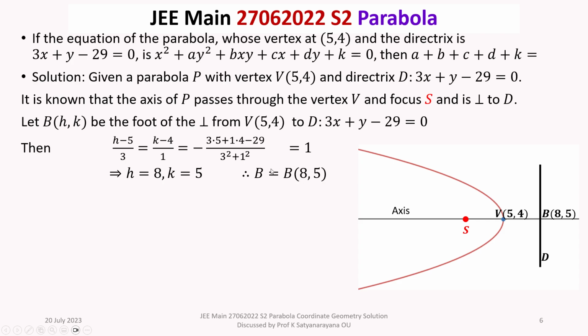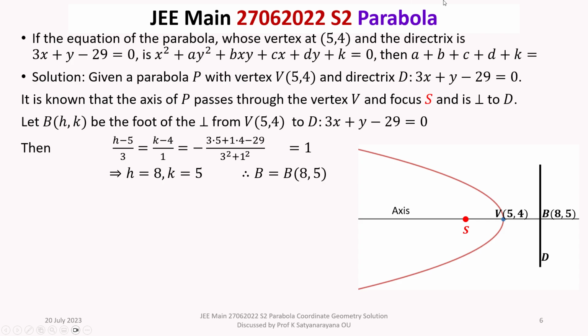Now with this much information, you have to find the equation of this parabola in this form and find out the values of a, b, c, d, k and sum them up, then you will get your answer. So our concern is to obtain the equation of the parabola with this much data.